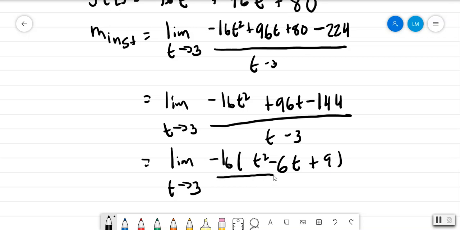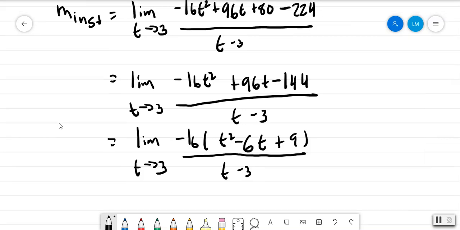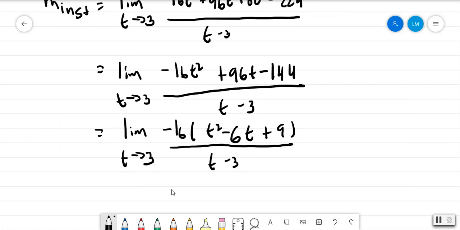Now, this is actually pretty interesting because basically this is telling you that the formula, the secant part, is equal to negative 16 times t minus 3.